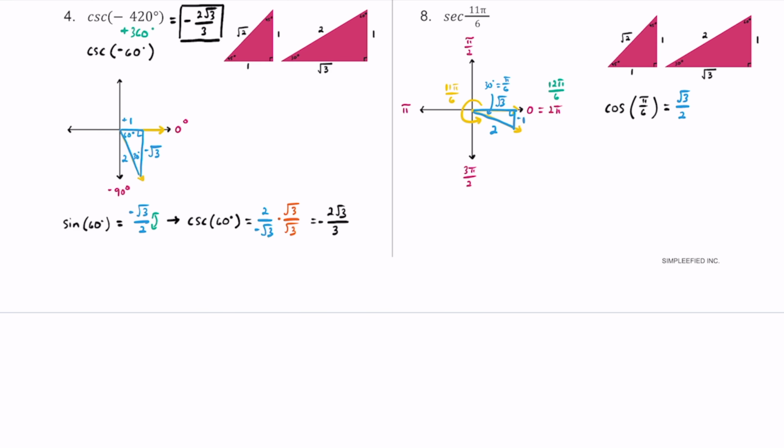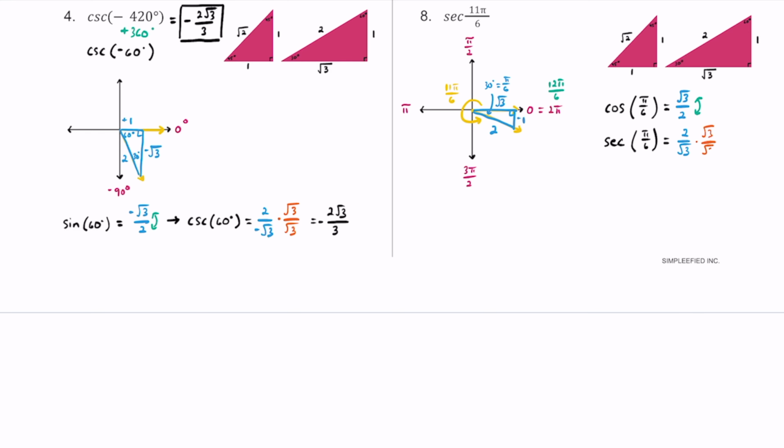But again, we're not looking for cosine, right? We're looking for secant, which is its reciprocal. So let's go ahead and make sure we flip this upside down, because if we find secant of pi over 6, that should help us with this 11 pi over 6. So secant of this pi over 6, that's going to get us this 2 on top instead, and then a root 3 on bottom. And then let's just go ahead and rationalize this.